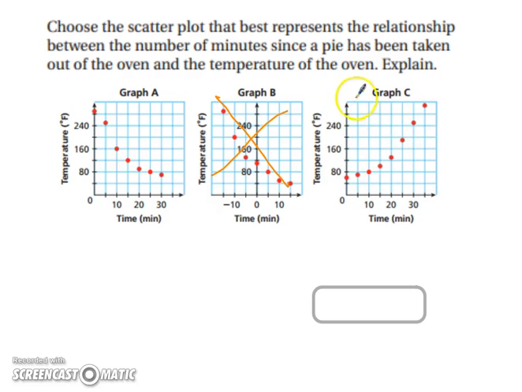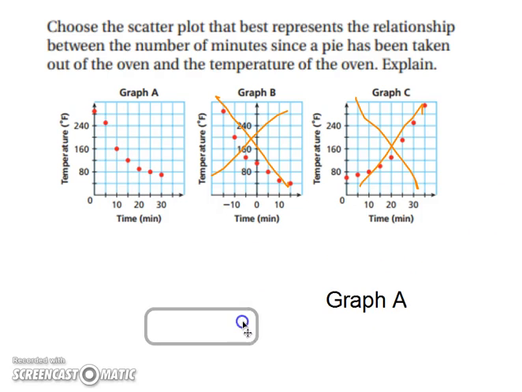That's probably not going to be the case either. If we look at A, the pie was probably cooking at a little over 280 degrees, and once the oven was turned off, the temperature starts to decrease. So the only plausible one is graph A.